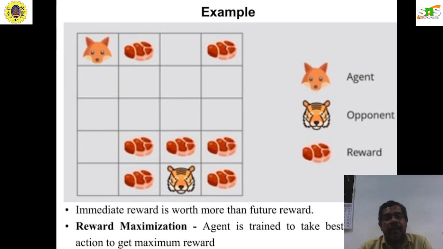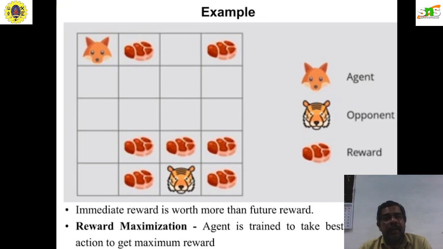Now we have to see how the reward is given to the agent. Here we have two animals. Number one is the fox and the other is the tiger. There are many rewards.